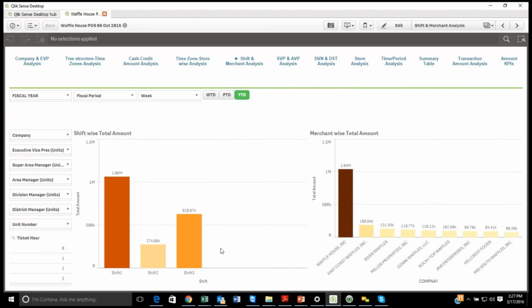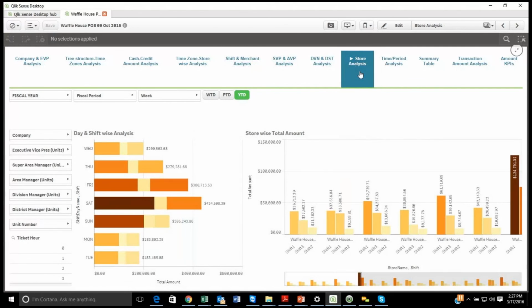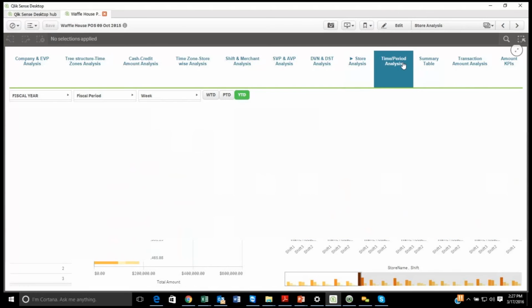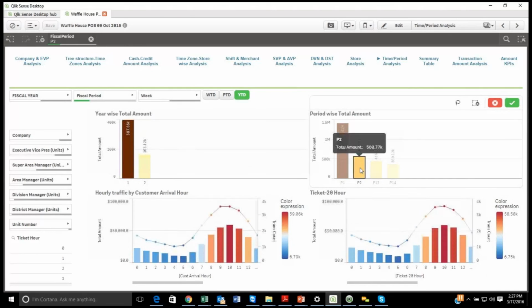So you are now getting a good perspective of what happens in your first shift, what happens in your third shift, how many customers you have, because it comes back to what kind of restaurant you are, whether you're fine dining or fast food. If I'm a fast food chain, how many to-go customers come in, how many regular customers come in?